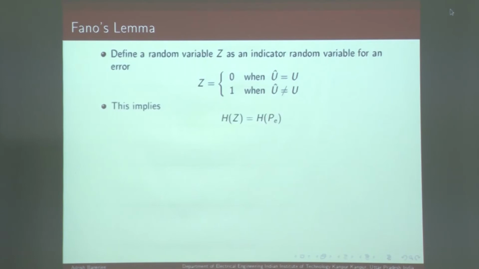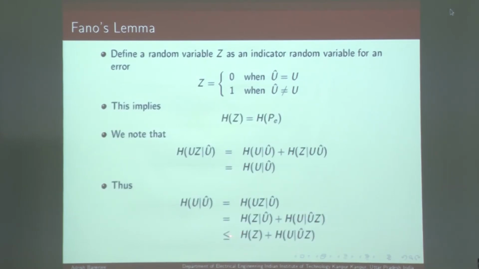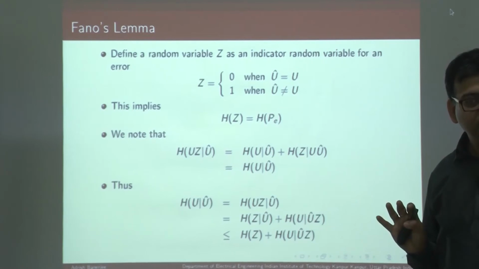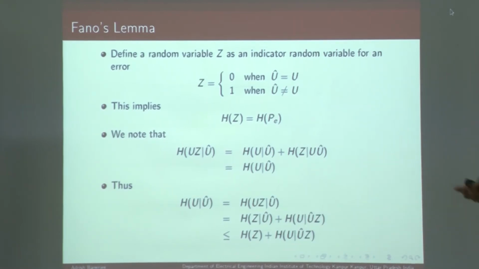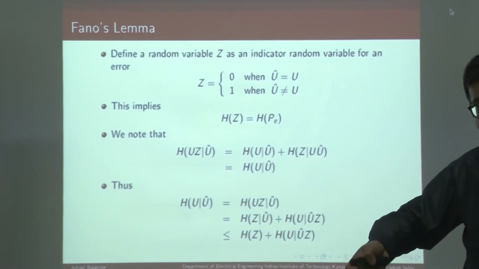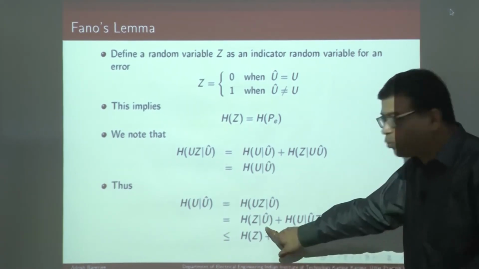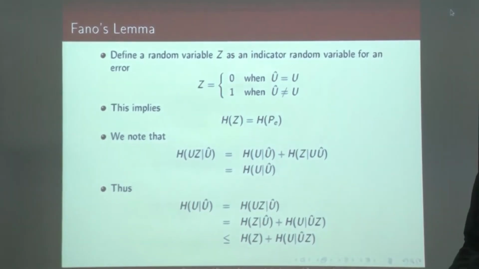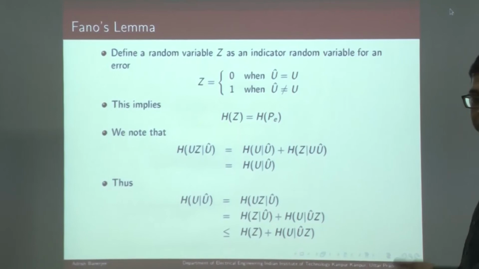Now, look at the first place where we encountered this. The uncertainty in z given u hat is less than or equal to the uncertainty in z. What is z? Z is an indicator function saying whether there is an error or no error. Now, if it does not depend on the particular value of u hat, it is the same for all u, this would be equal to this.